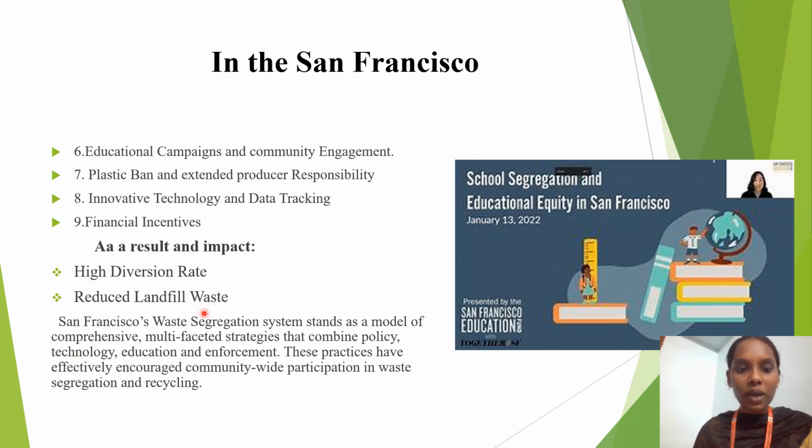San Francisco's waste segregation system stands as a model of comprehensive, multi-faceted strategies that combine policy, technology, education and enforcement. These practices have effectively encouraged community-wide participation in waste segregation and recycling. The picture shows school segregation and educational quality in San Francisco.